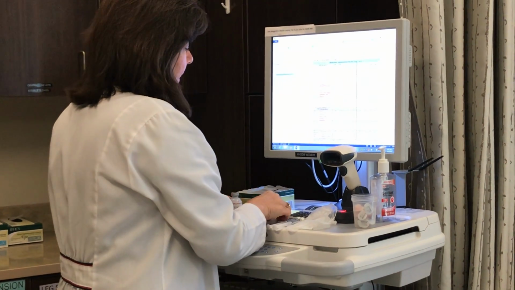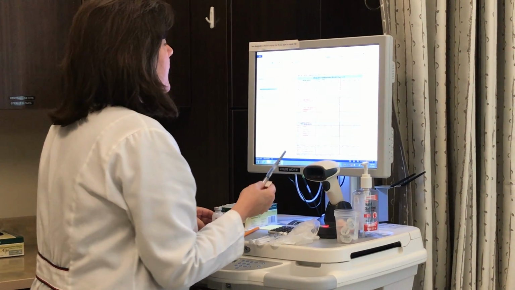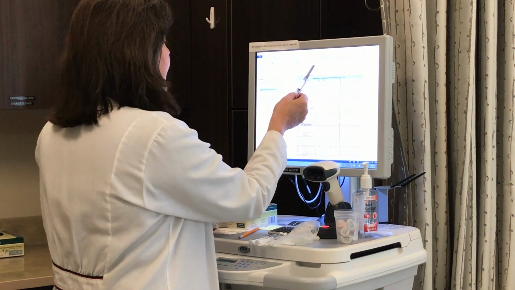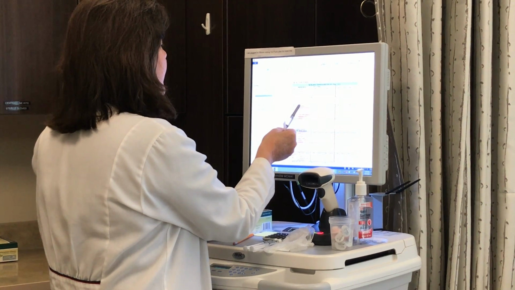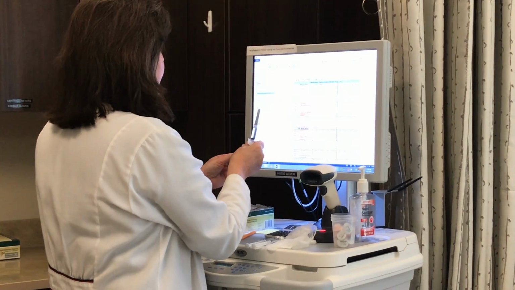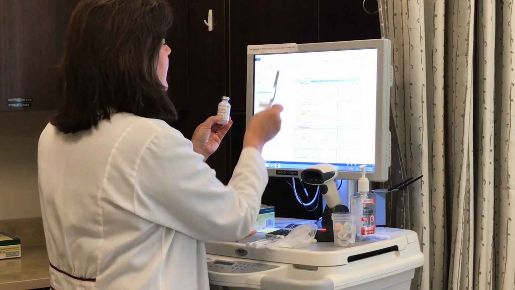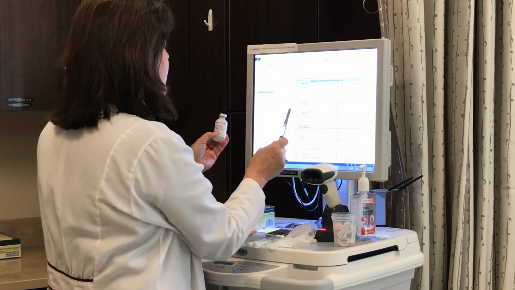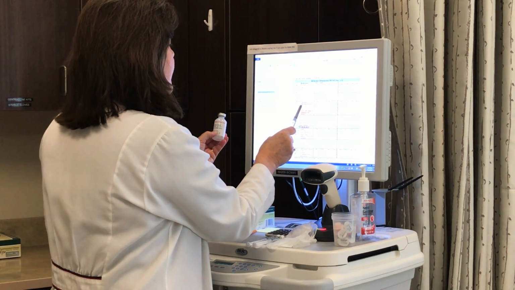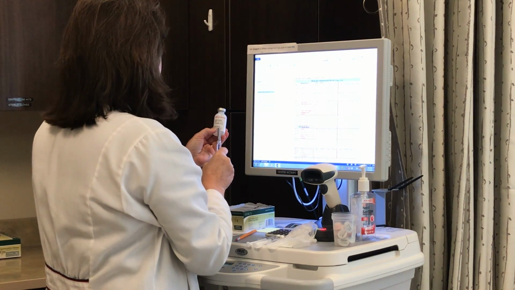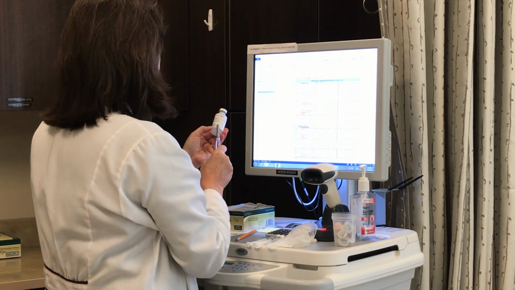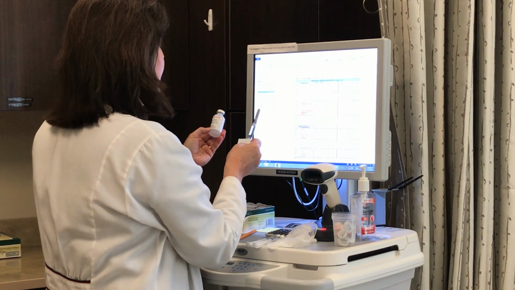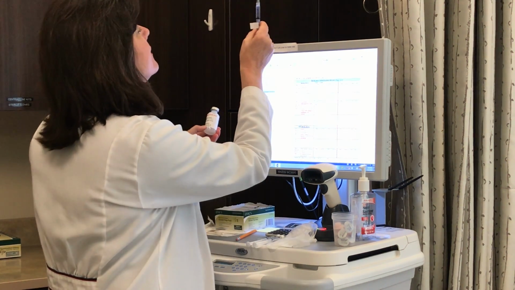Now I'm going to do my second check. This is for Diane Curtin. The drug ordered is Solumedrol. In my vial, I have Solumedrol, and in my syringe, I have Solumedrol. The amount ordered is 200 milligrams. I have 125 milligrams per ml, and my calculation came out to 1.6 mLs.